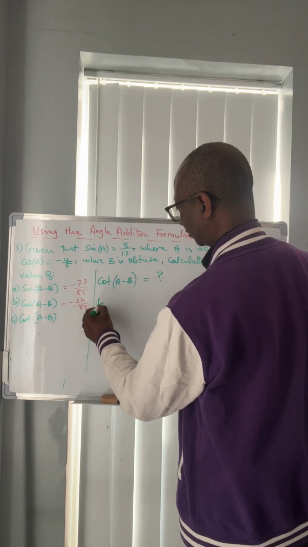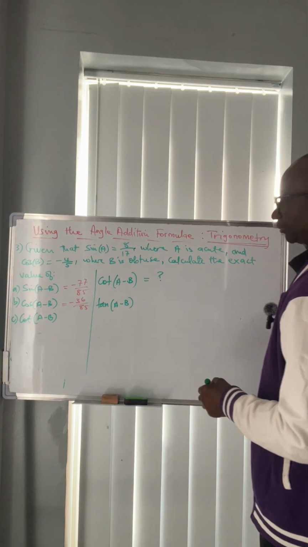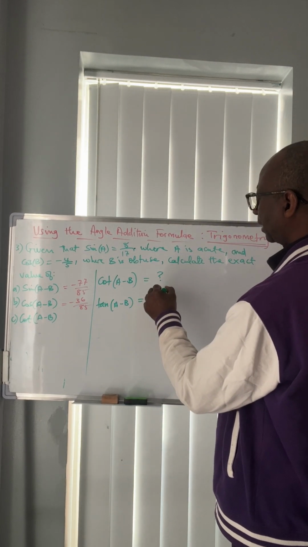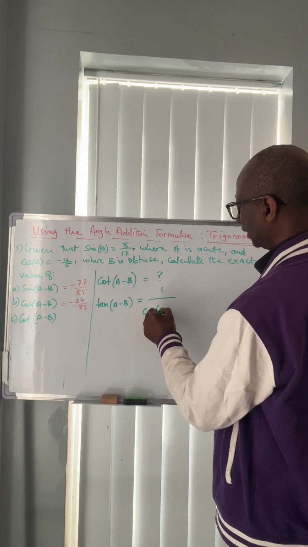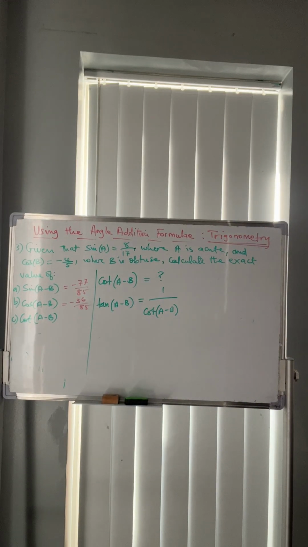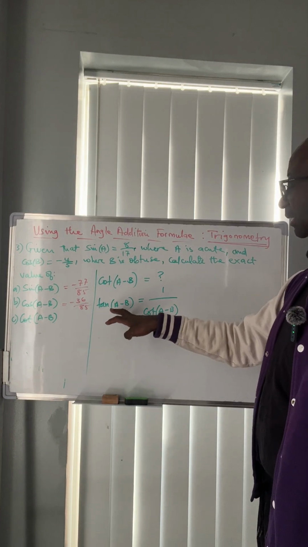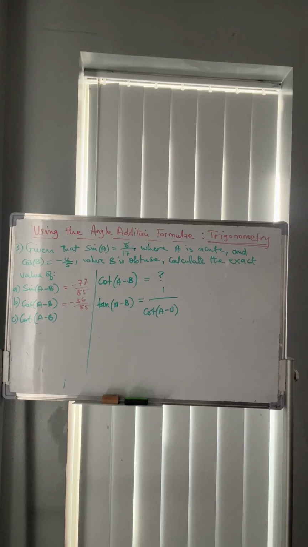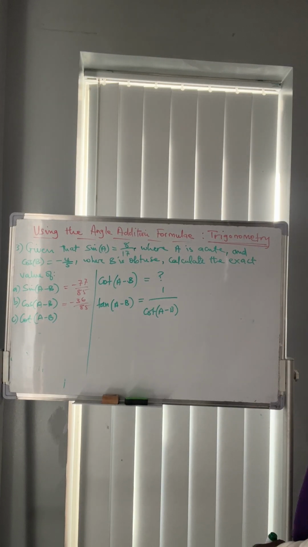The tangent of A minus B is the reciprocal of the cotangent of A minus B. So in other words, the cotangent of A minus B is 1 over the tangent of A minus B. One is the reciprocal of the other, right? This is one way to approach this problem.